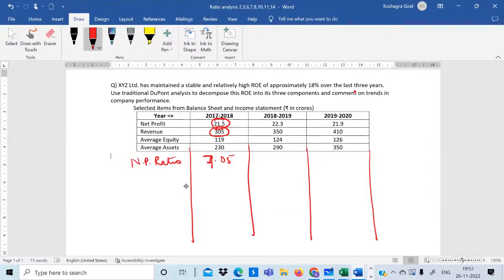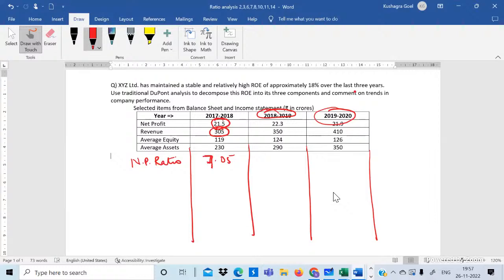Similarly, do the calculation for 18-19 for the net profit ratio and 19-20 for the net profit ratio, and tell me how much you are getting. Again, over here I'll take 22.3 divided by 350, here 21.9 by 410.